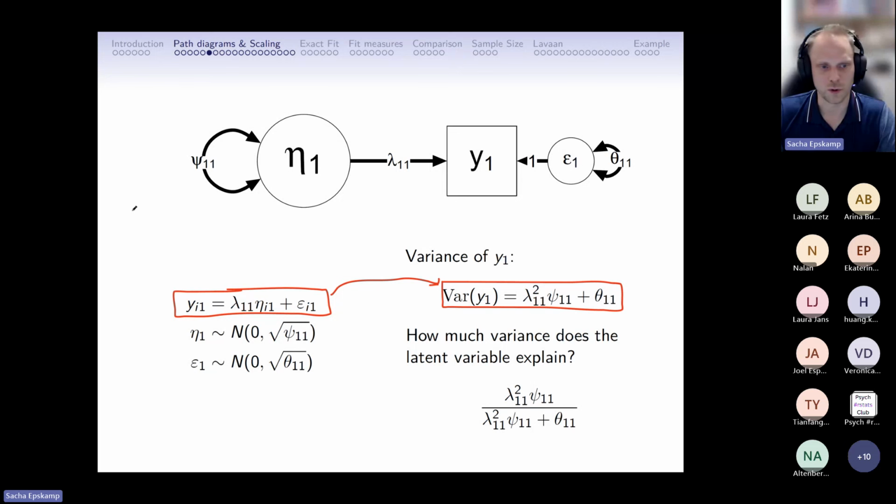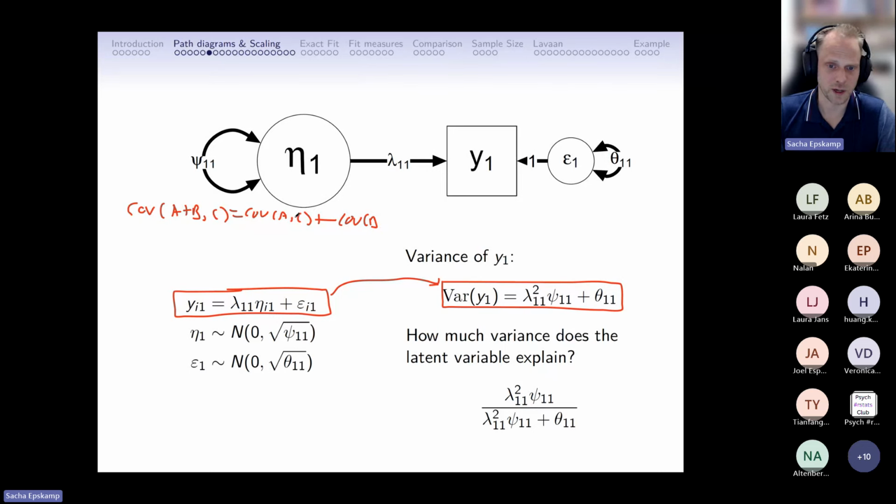For example, the covariance of A plus B with C equals the covariance of A with C plus the covariance of B with C. Set of rules like that.